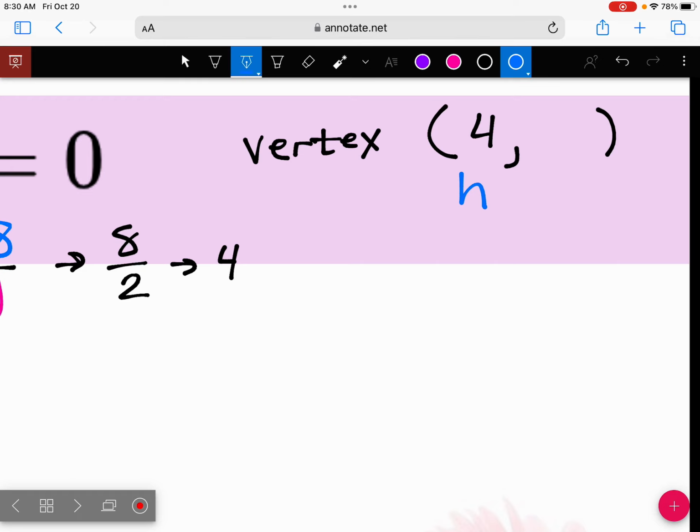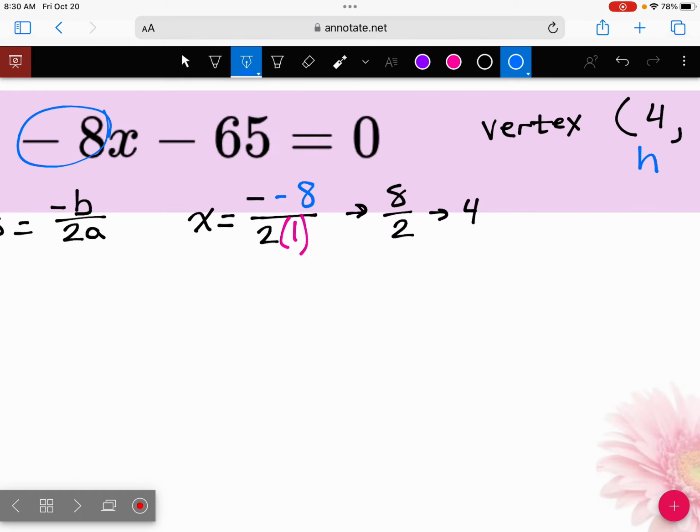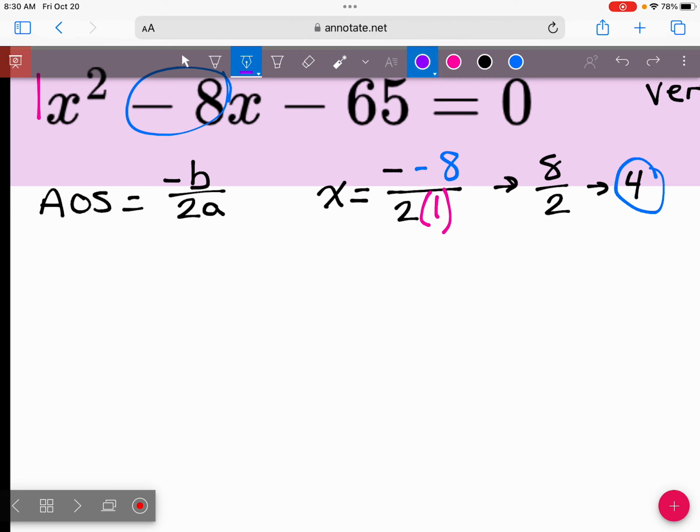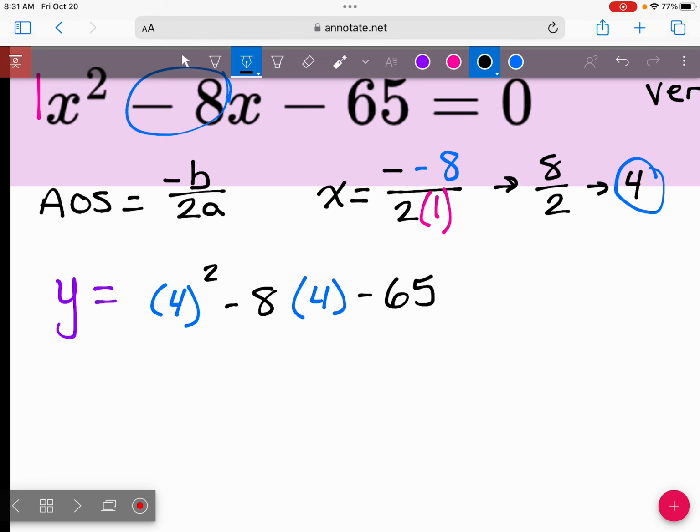To find my Y value, what we're going to do is take that 4 and substitute it in place of my X. So my Y equals 4 squared minus 8 times 4 minus 65.